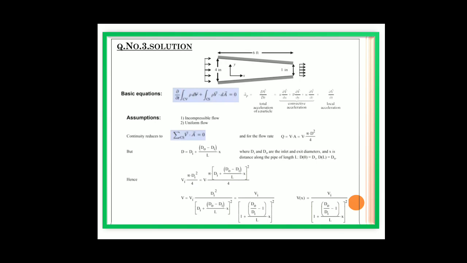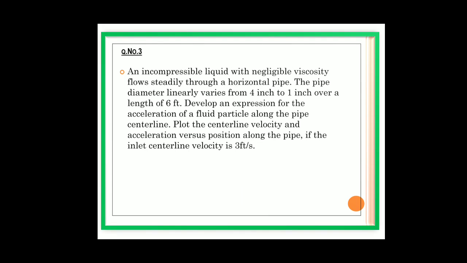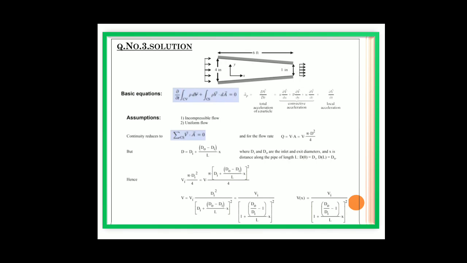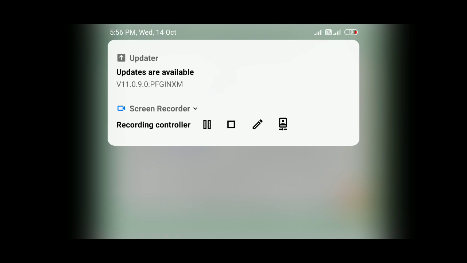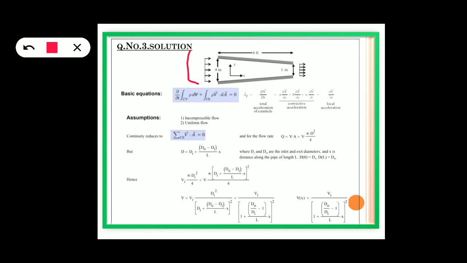So the solution is, here is the diagram. The direction of fluid flow is from left to right. This diameter is given as 4 inch, and this diameter is 1 inch, varying from one point to another, 4 inch to 1 inch.